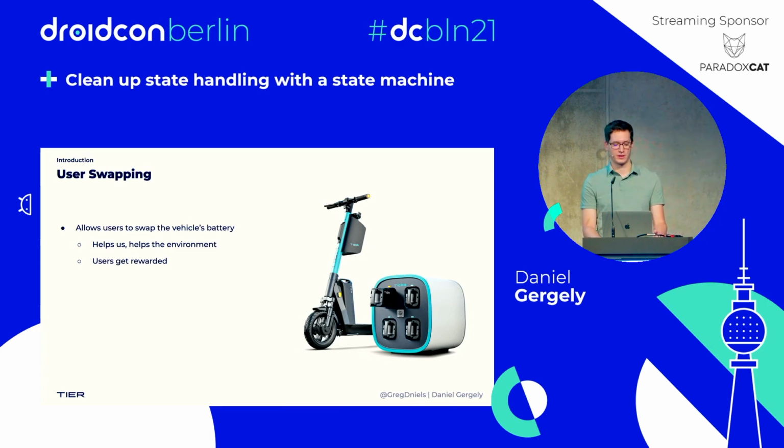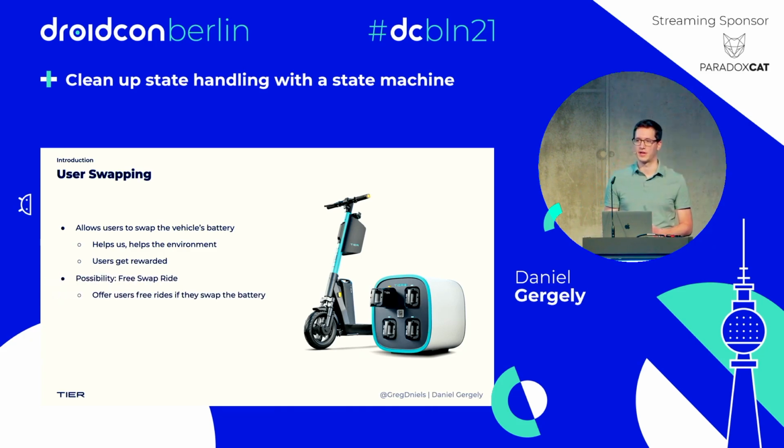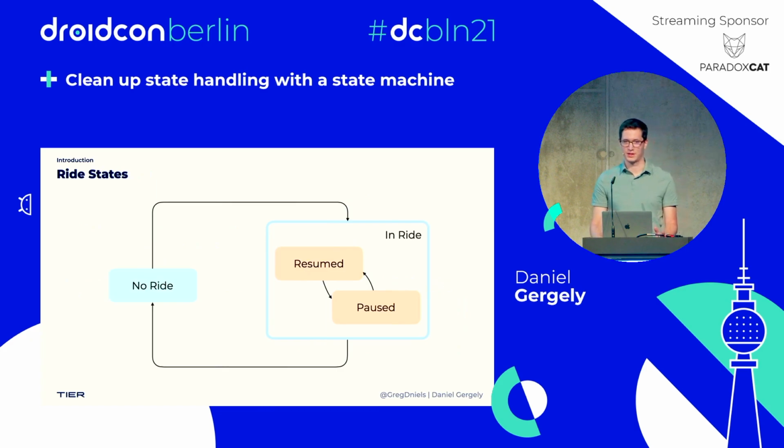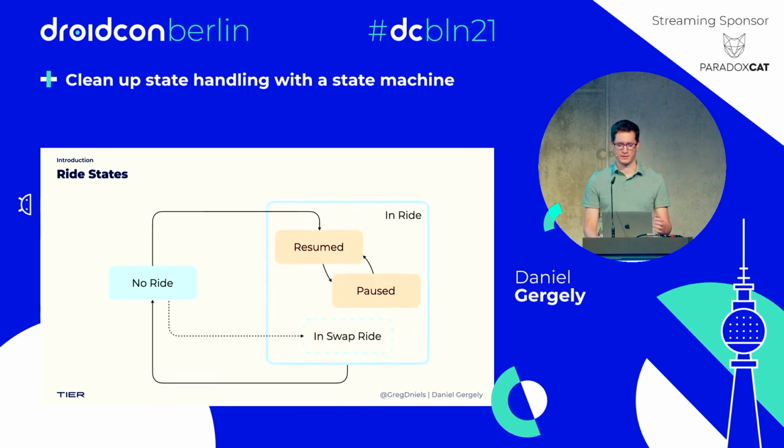Then we were thinking, what if we added a feature that could, in some cases, offer rides completely free of charge for the users in case they were willing to go to a swap spot and swap the battery? It's really a good idea, but it would also imply that the set of states would expand even further.